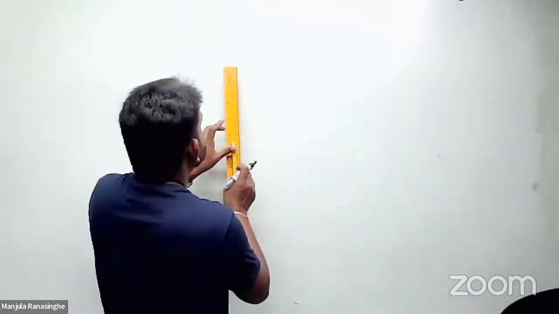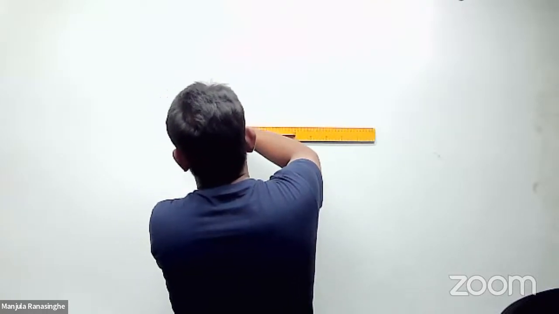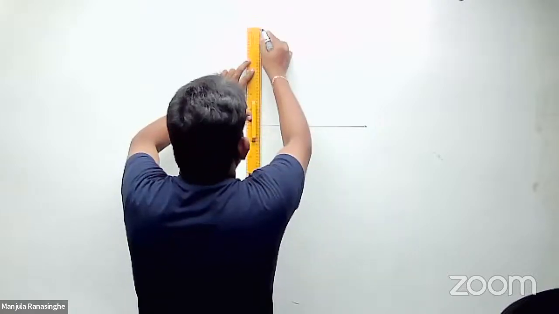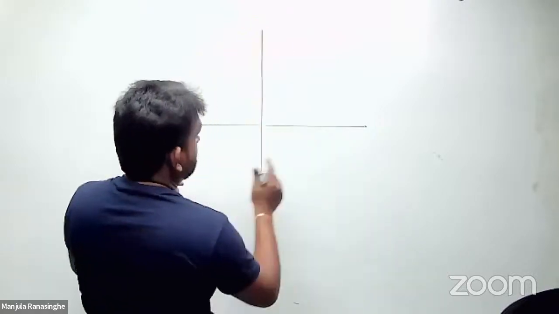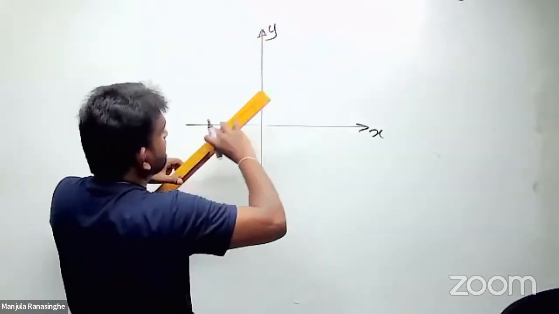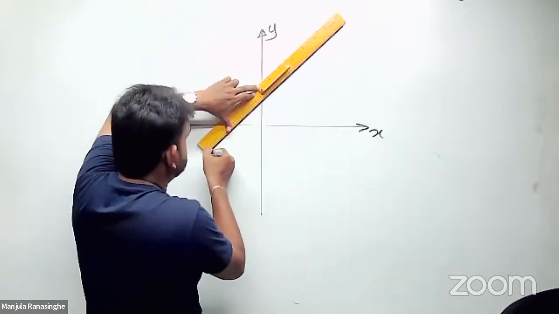This is the x-axis and this is the y-axis. Then this is the straight line graph.